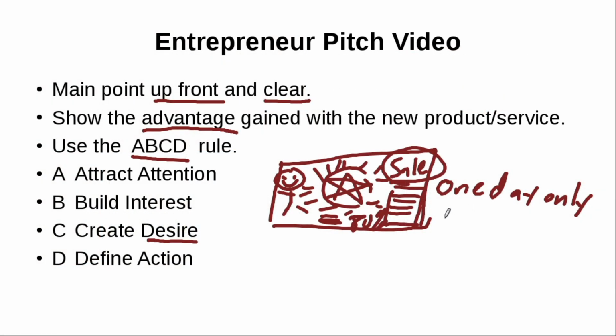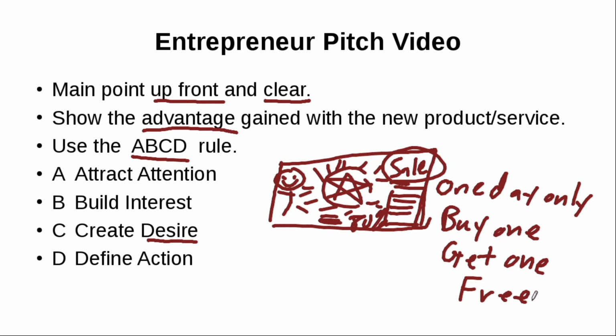What's another thing you could say? Buy one, get one free, right? That's a really favorite one in China and Taiwan. Get one free. What does that do? That means if you're already a little bit interested, this helps to create that desire to buy.